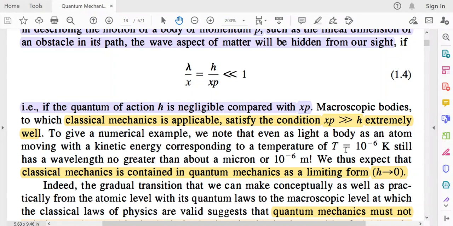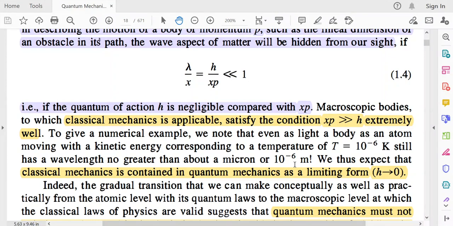And if we know the value of the energy, from the relation E equal to h nu equal to hc by lambda, we can calculate the wavelength corresponding to that temperature. If we calculate, the value of the wavelength will be approximately 10 to the power minus 6 meter, that is, in the micron order.